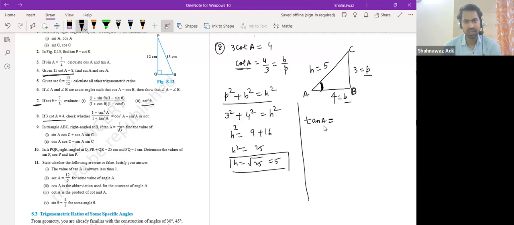Yes, Ashik, you are right. So 10 is what is the relation between the angle of tan theta and perpendicular, base and hypotenuse?